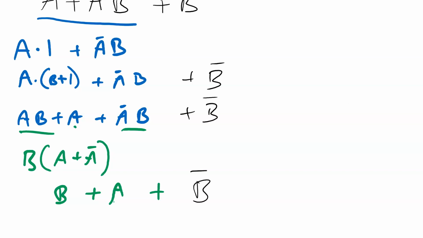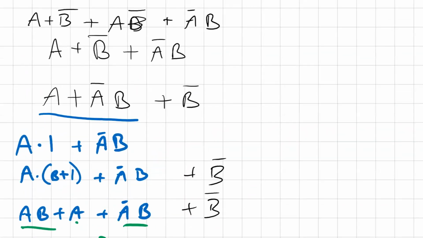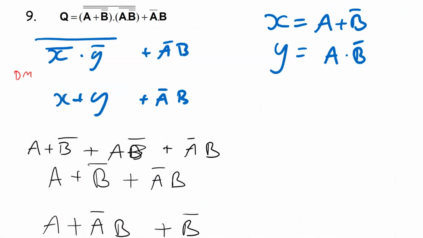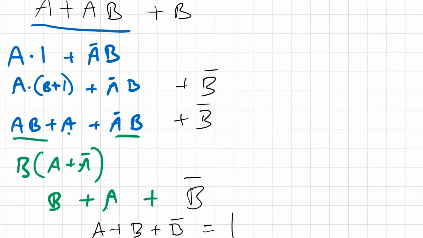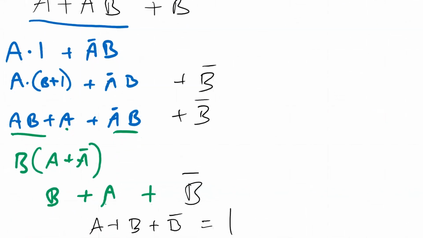So I've now got A or B or not B. B or not B, that equals 1. So you're probably feeling really, really happy with yourselves now that you've gone through all this pain just to find out the whole thing just equals 1.